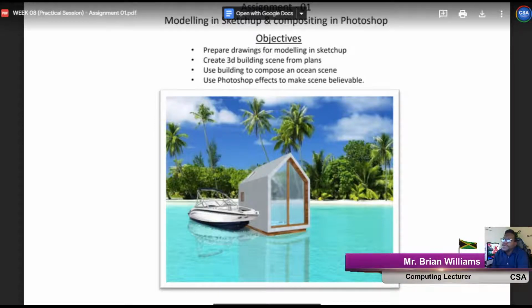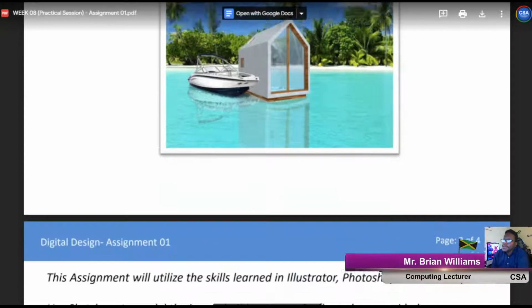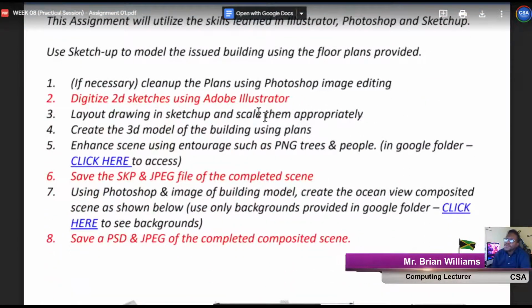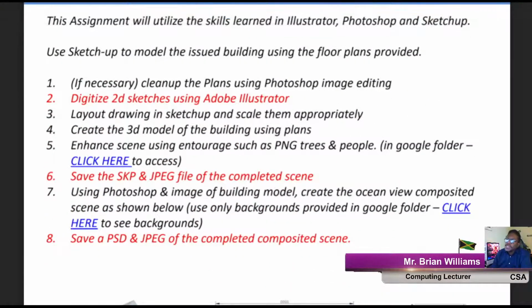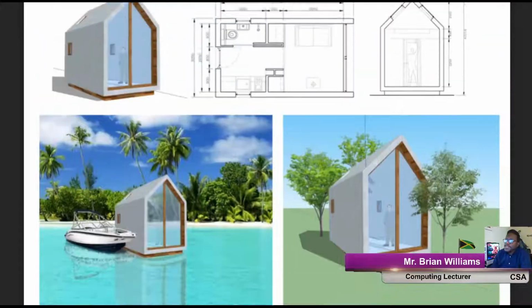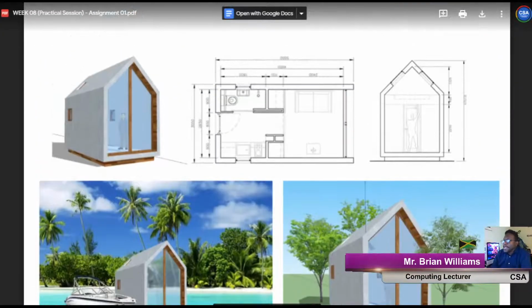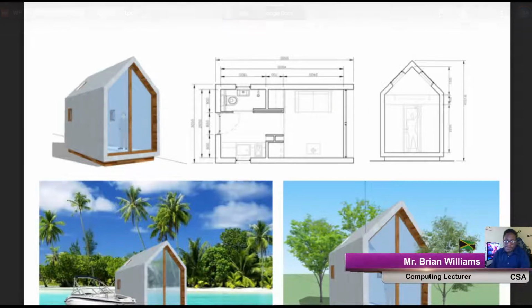Now, just to quickly go through what it is. This is the building that you're going to model, and you're going to be given these two plans. From these two plans, you need to create this model. I can tell you from now, when you look at the plans, you're going to say, "But sir, I didn't get the roof plan, the rear elevation, and the side elevation."